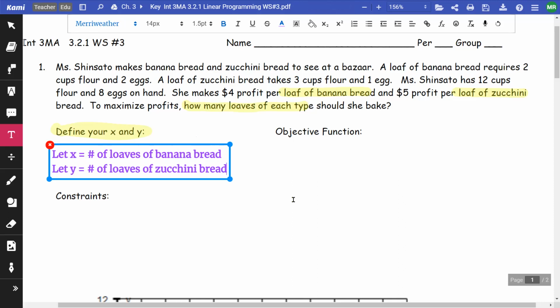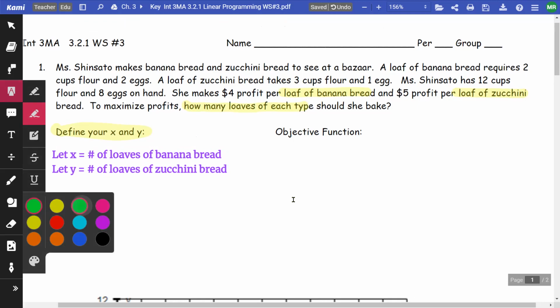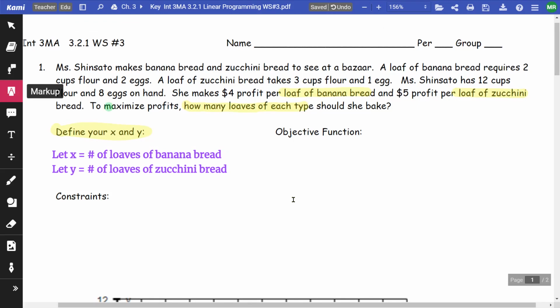Okay, now objective function. The objective function is what you're trying to maximize or minimize. In this case, we are trying to maximize profit. So what do I know about the profit? $4 for each loaf of banana bread, $5 for each loaf of zucchini bread.